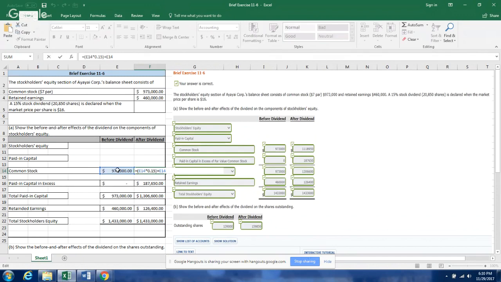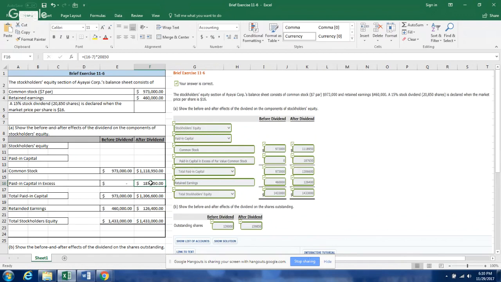So it's kind of a two-part problem. When you add it back in, you come up with $1,118,950, and that equals our total common stock. Again, that was taking the 973,000 times our 15%, and then we add in the 973,000 again.